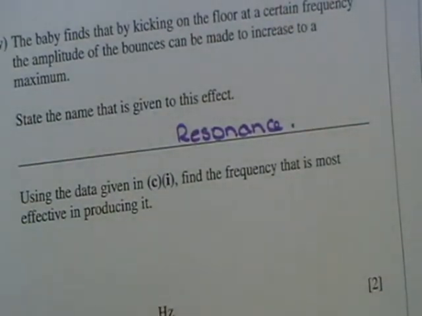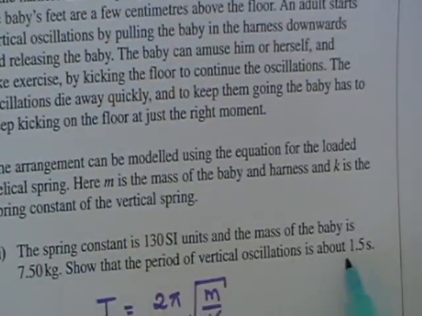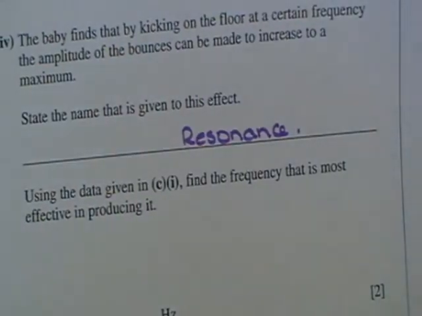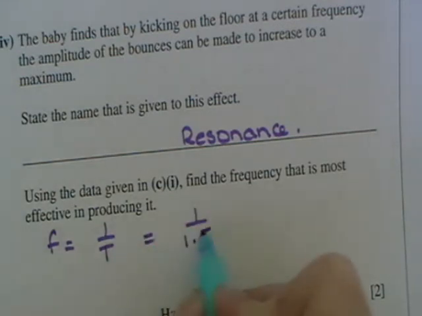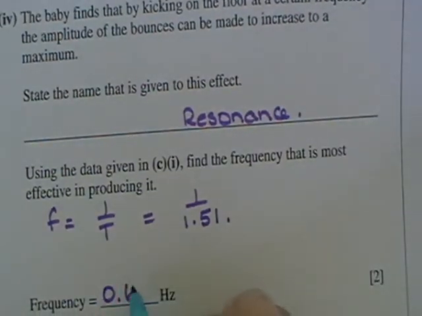So in C part 1, which was over the page, you've got the spring constant, the mass of the baby and the period of oscillations, and that's what you can use to get the frequency. So frequency is 1 over T, which is 1 over 1.5, and that gives you 0.6, well I used 1.51, the number that I had worked out, 0.665 or 0.67 Hertz.